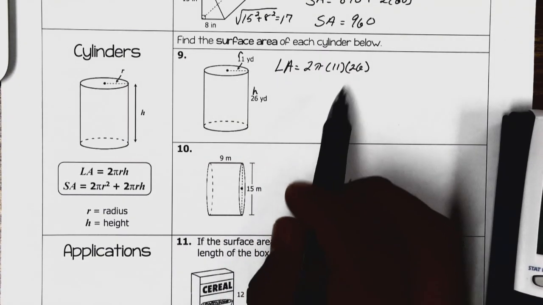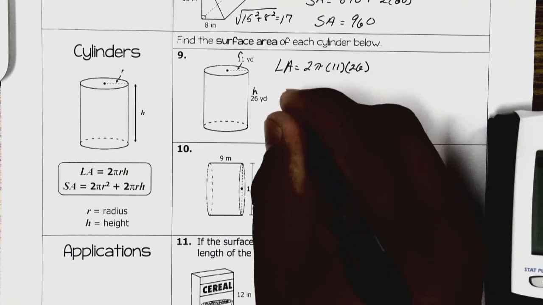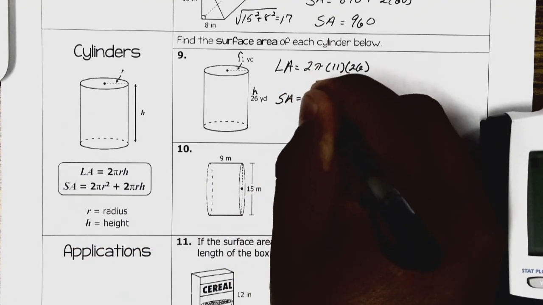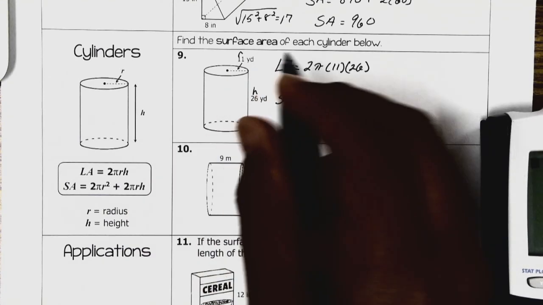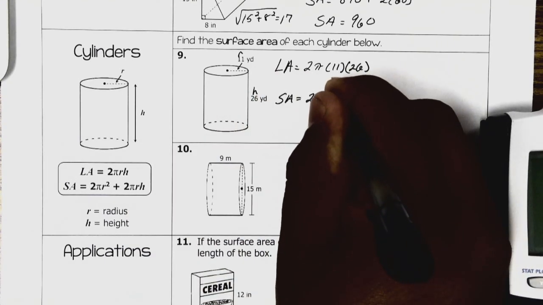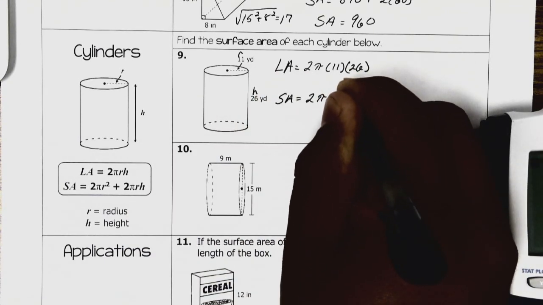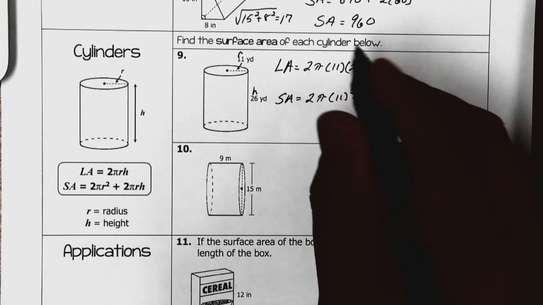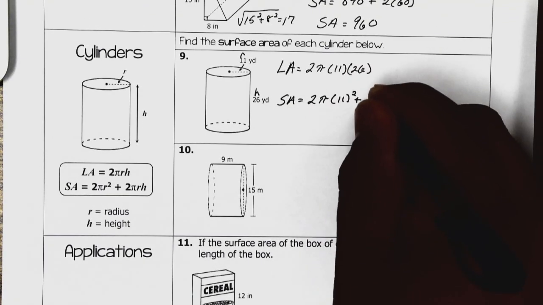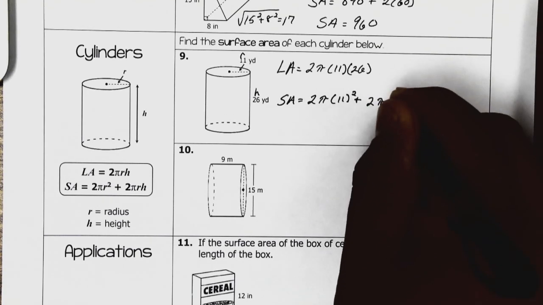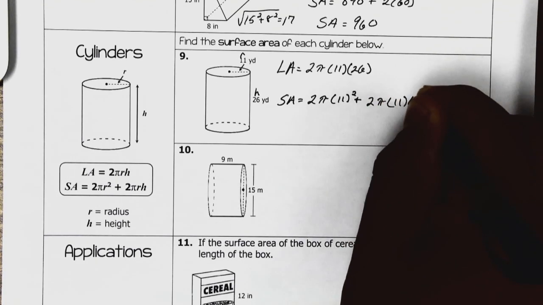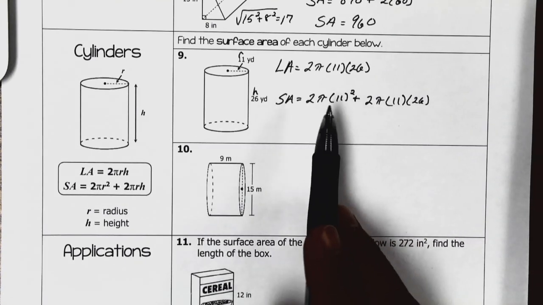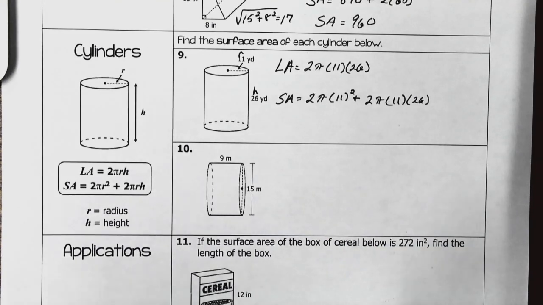We'll get back to this part right here. So surface area is equal to 2 pi times r squared, which is this 11 squared, plus the lateral area. Okay, so now we can bring this back down, and that way we can do it all in one shot. Yeah, we'll do that because I don't want you guys to round incorrectly up here and then mess up this whole thing down here. So we'll just do it all in one shot.